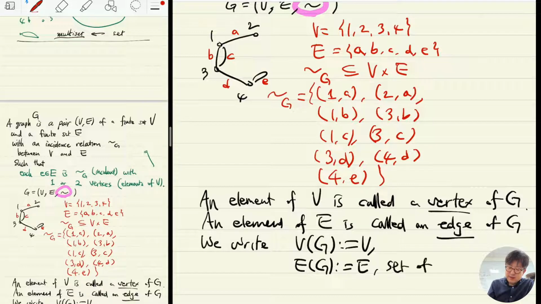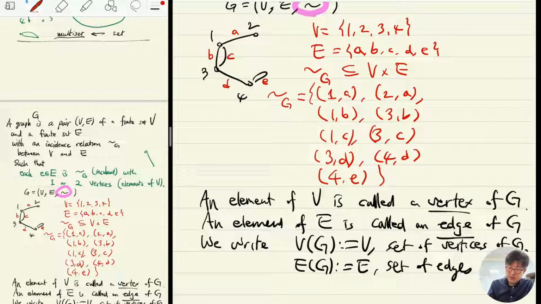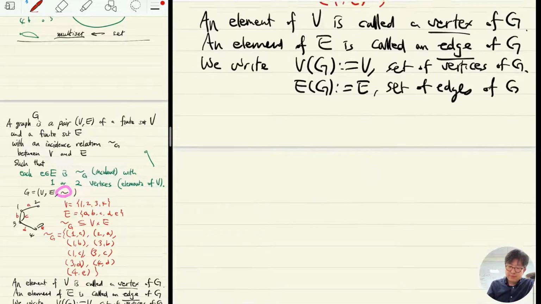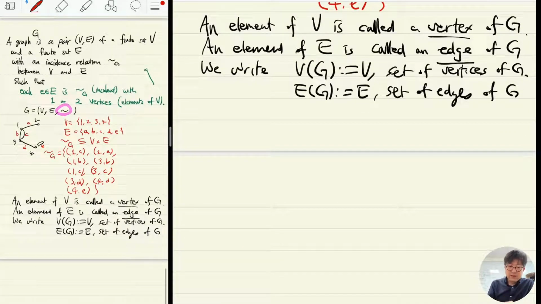Set of edges of G, this is the set of vertices of G.